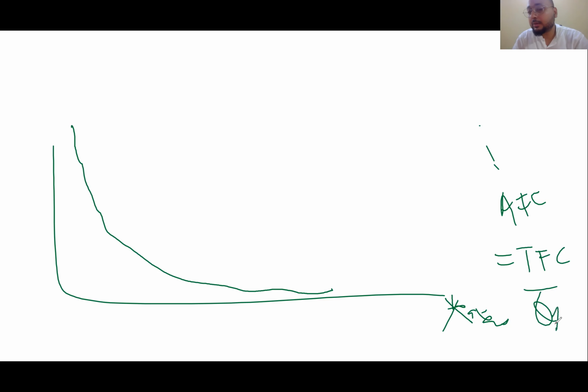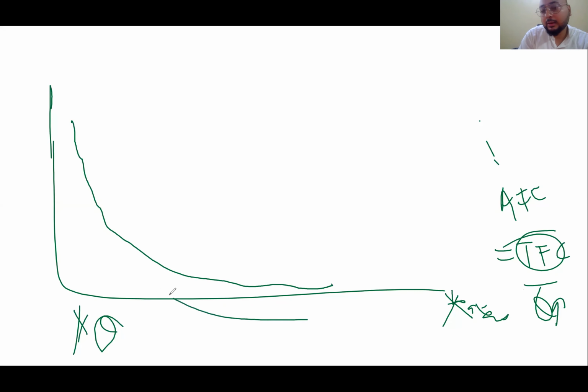So as quantity increases, the numerator remains the same but the denominator gets higher, so we are having smaller numbers, right? So average fixed cost is highest at lower levels of output, decreasing when we produce more. Variable cost rising.